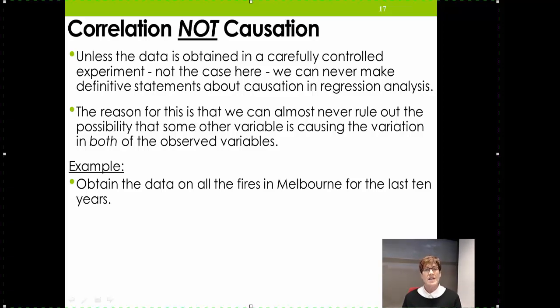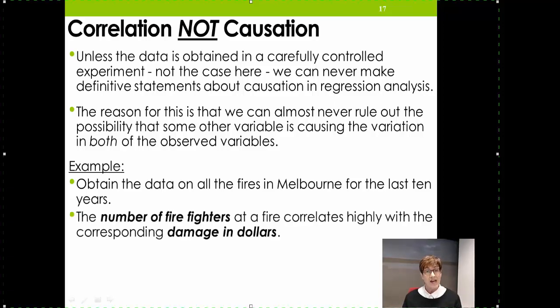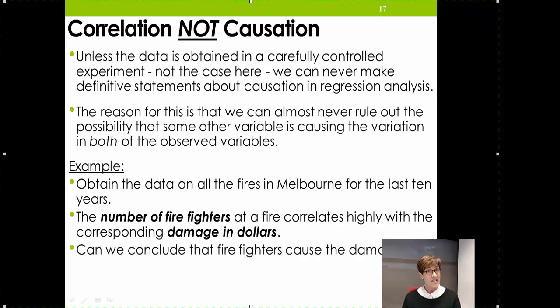So this is an example where we've obtained data on all the fires in Melbourne for the last 10 years. And it was found that the number of firefighters at a fire correlates highly with the corresponding damage in dollars. So does that mean that we can conclude that firefighters cause the damage?